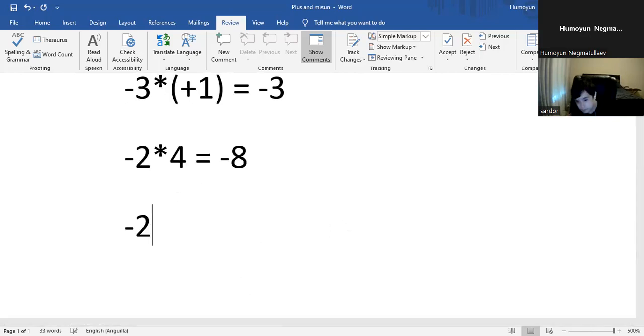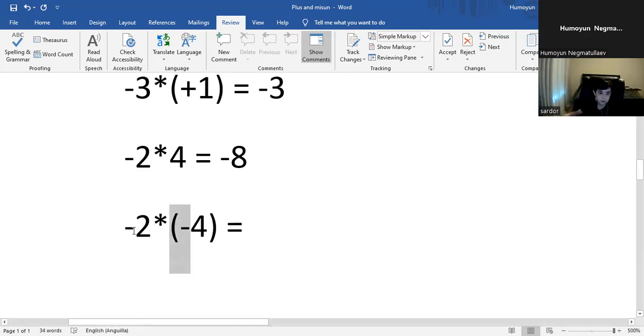Look, if there are two signs of minus, the result is going to be, if you see two minuses, it easily becomes plus, and we never write the sign of plus before the number. So we only write the result of our calculations.